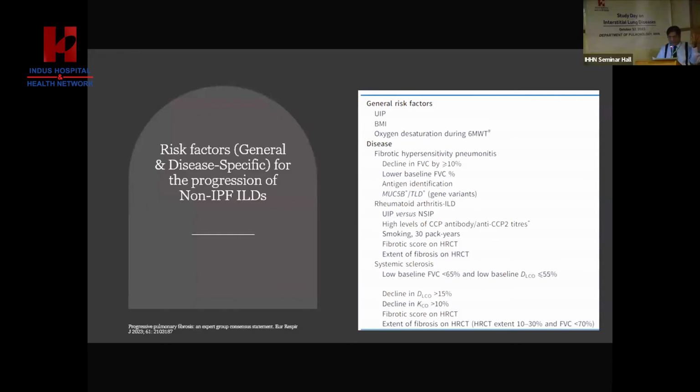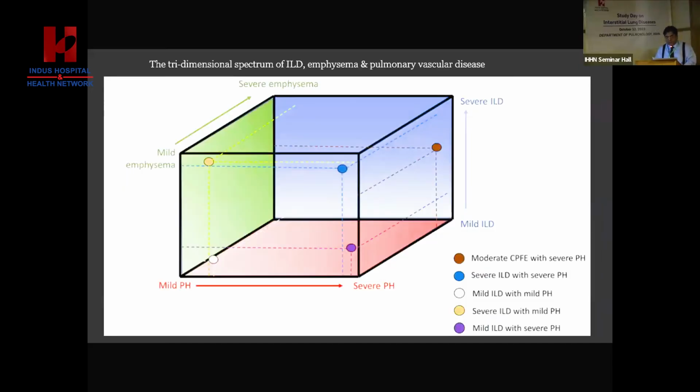For fibrotic HP, a decline in FVC of more than 10%. For rheumatoid-associated ILD, UIP versus NSIP, where UIP carries a bad prognosis. In systemic sclerosis, for example, a DLCO decline of more than 15%. So there are risk factors one has to look for.